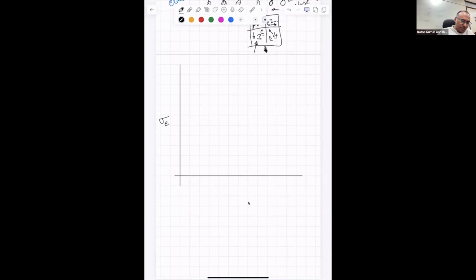Engineering stress, engineering strain, and the stress strain diagram is this is my sigma ut and whatever sigma y I can always measure. You know how to measure sigma y, right?